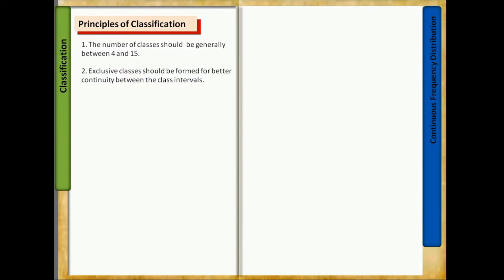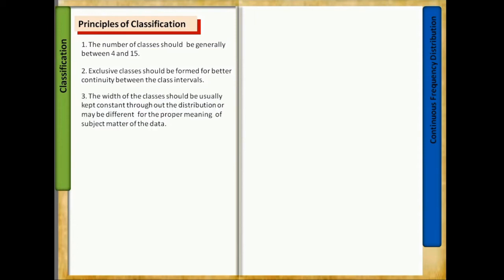Principles of classification. The number of classes should be generally between 4 and 15. Exclusive classes should be formed for better continuity between the class intervals. The width of the classes should be usually kept constant throughout the distribution, or may be different for the proper meaning of subject matter of the data.